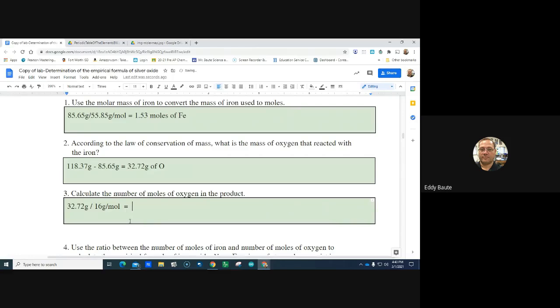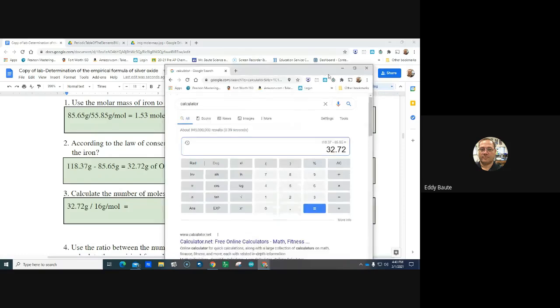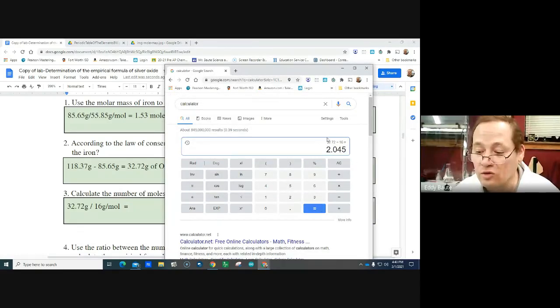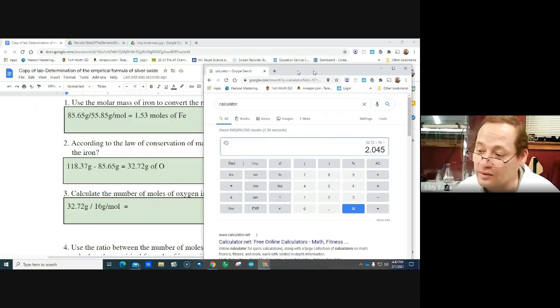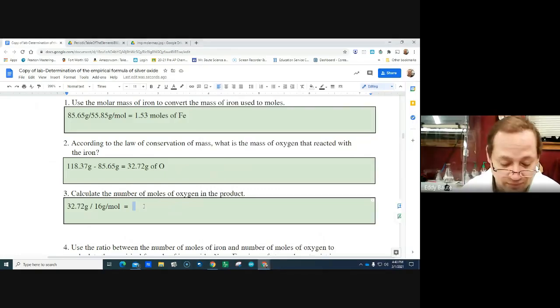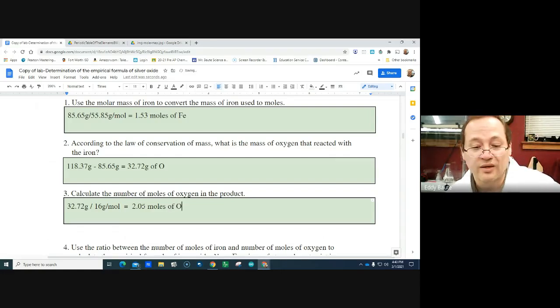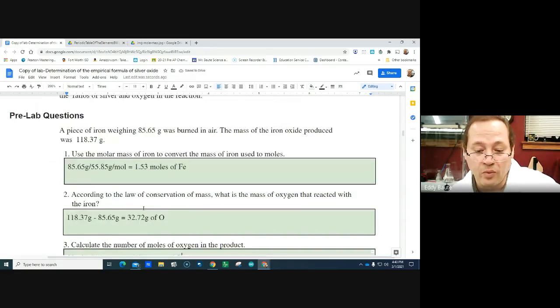And that will give you the number of moles. So 32.72 divided by 16 is 2.05 moles of oxygen.